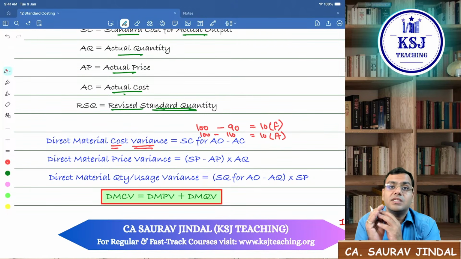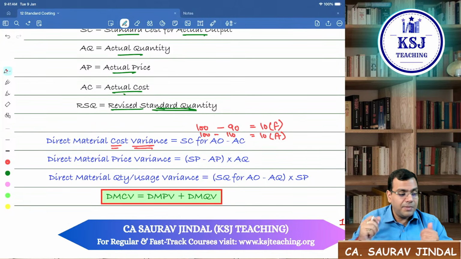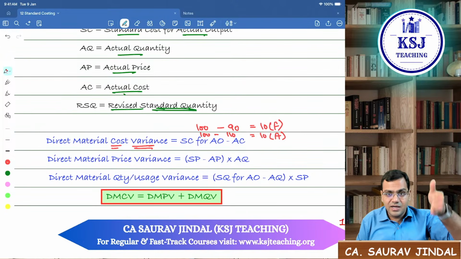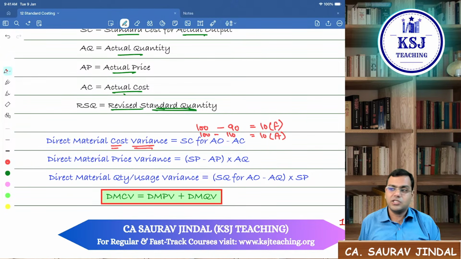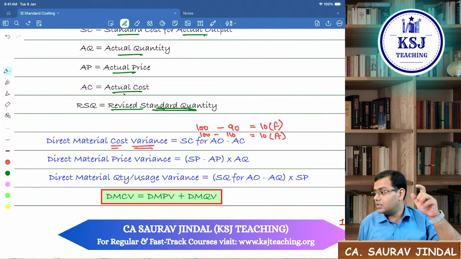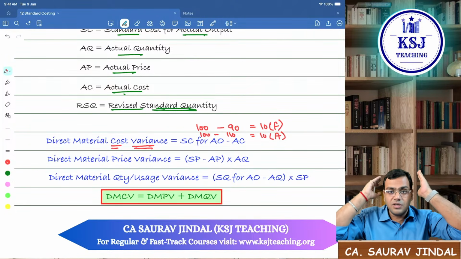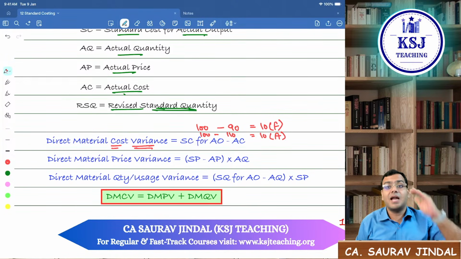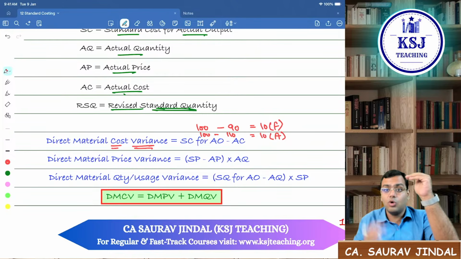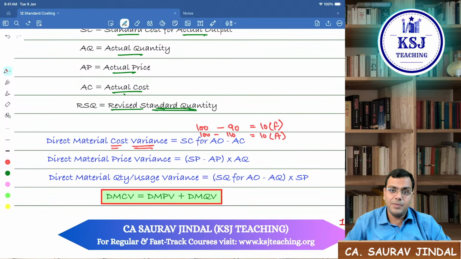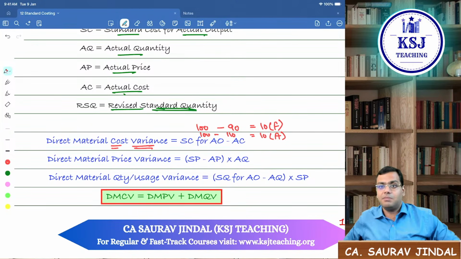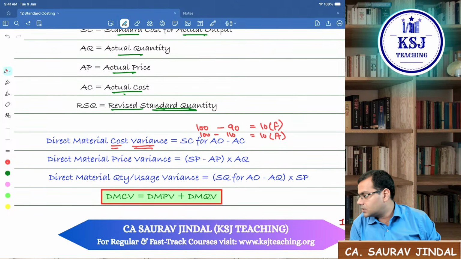So standards should be more, actuals should be less, then it will be beneficial. So we keep the standards in the beginning minus the actuals.